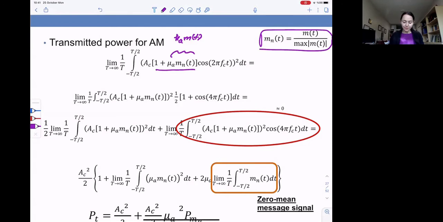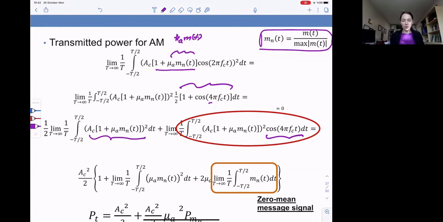So let's use this to compute the power as before, by expanding the cosine squared into 1 plus a cosine of twice the frequency, and expanding the terms, we have the square of 1 plus mu A Mn(t) plus this high frequency component.